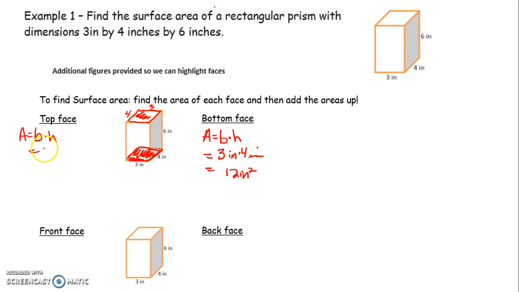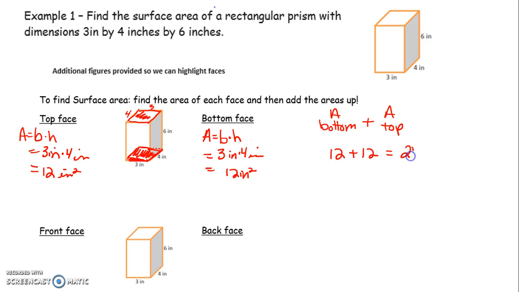And our top face is also a 3 by 4, so that will be 12 square inches. So if I add up the area of the bottom face plus the area of the top face, I'd get 12 plus 12, or 12 times 2, which is 24 square inches.